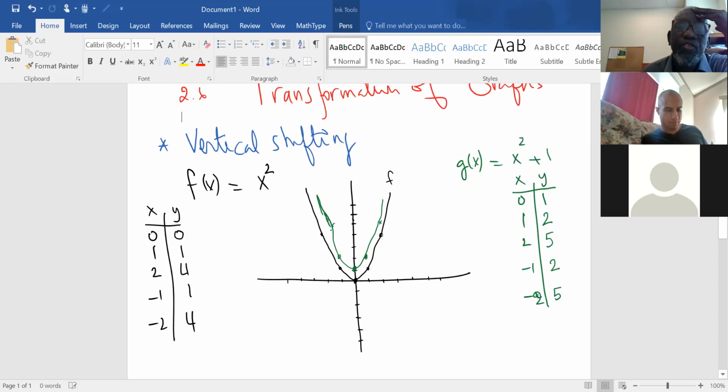Excuse my graph, it is not as precise as we would like, but it does look like the green graph can be obtained by doing what to the black graph?